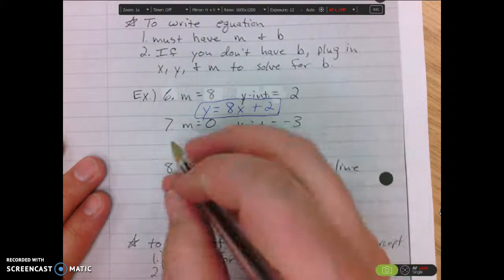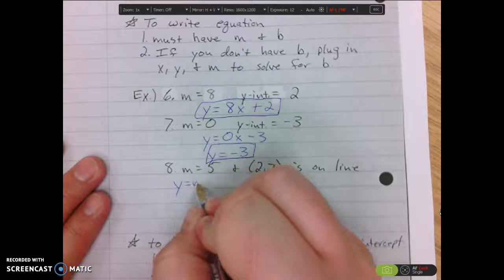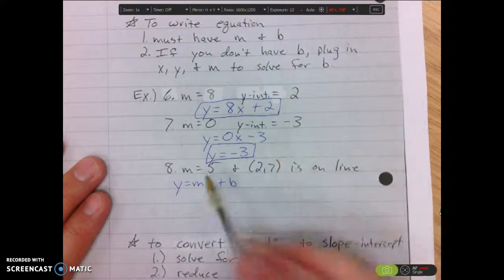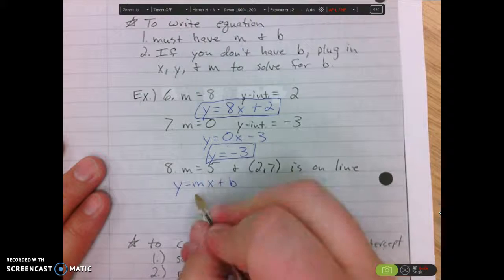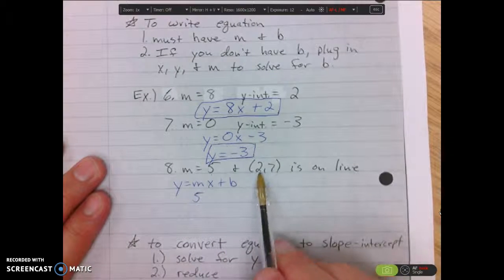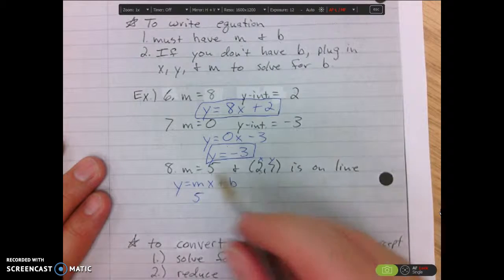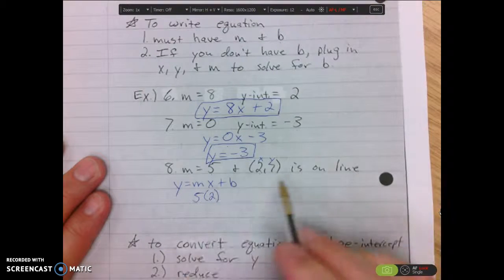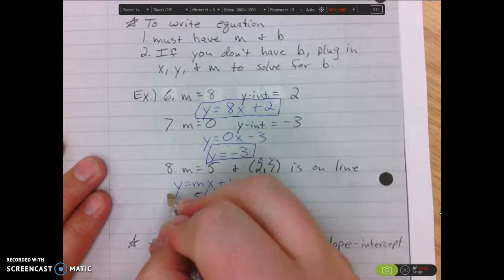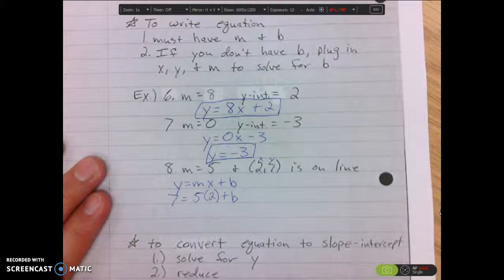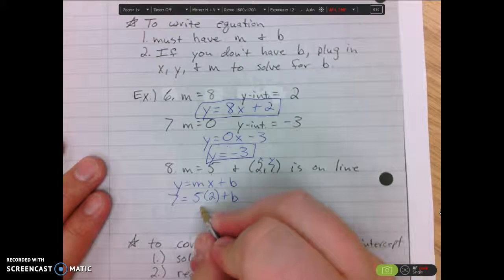So if you think about your slope-intercept form, y equals mx plus b, I have the slope 5, so I can plug that in. I have my x of 2 and my y of 7, and I can use that same equation to find my b. So go ahead and simplify that.